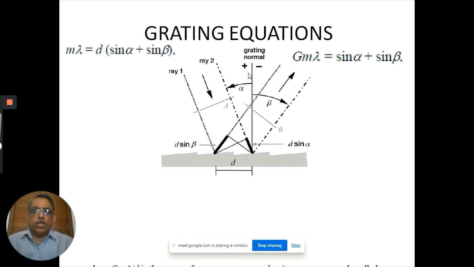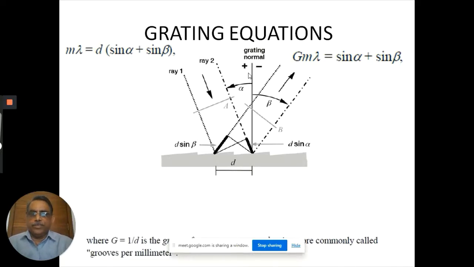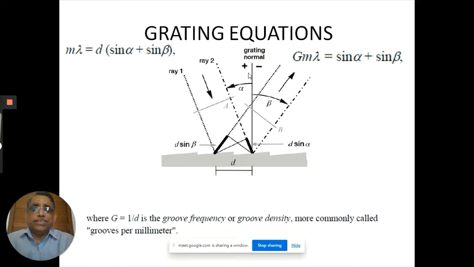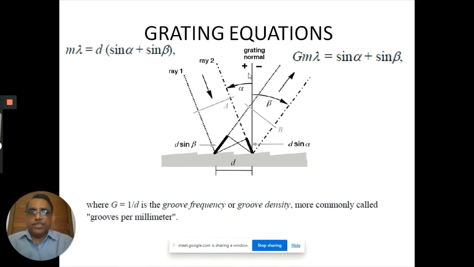So what is the G and d relationship? G is equivalent to 1 over d. That is what is called the groove frequency, that means how many lines are drawn. It's called the groove density. This is an important parameter which decides the resolution of your grating.